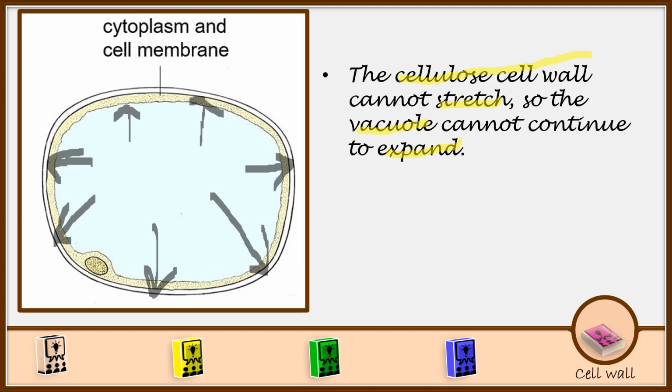So more pressure applied by the vacuole will stop, because the cellulose cell wall is not stretchable.